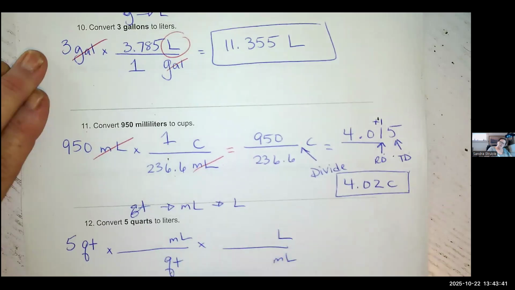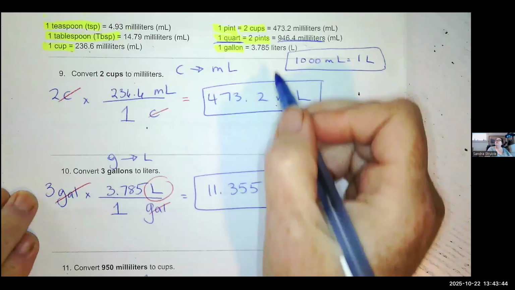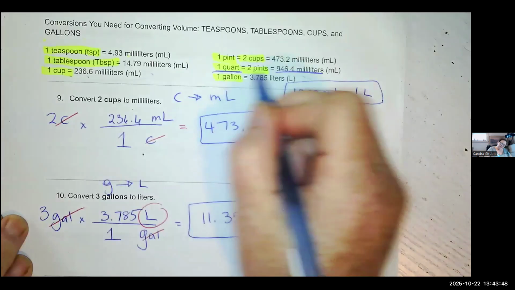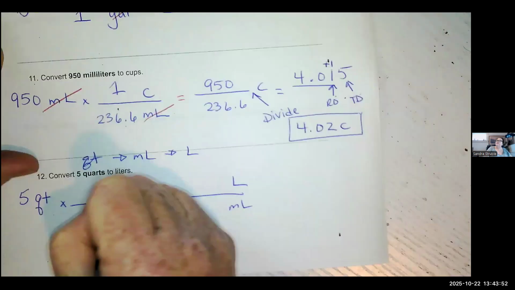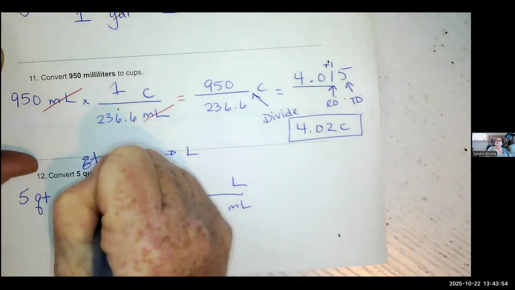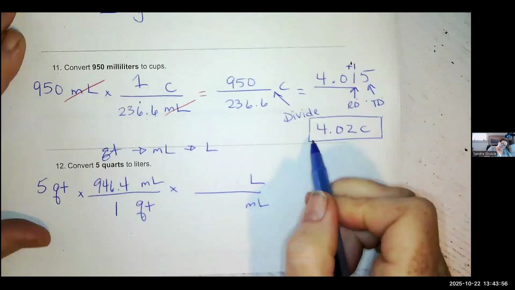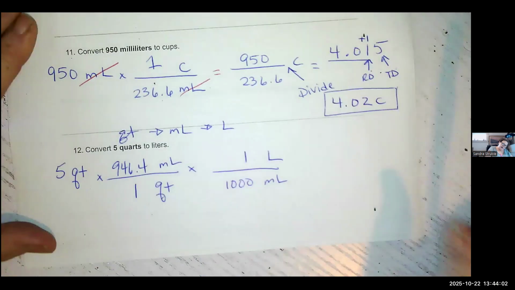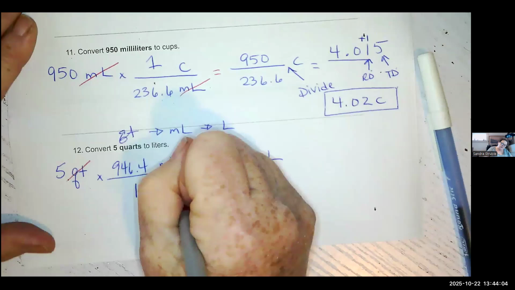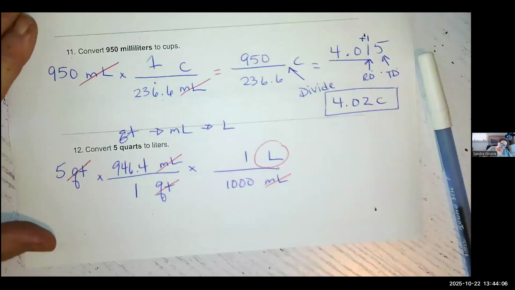So quart to milliliter, 1 quart is 946.4 milliliters. And then, as I just told you, 1,000 milliliters is 1 liter. Quart on top, quart on bottom, milliliter on top, milliliter on bottom, left with liter. That's what I want. Multiply straight across.